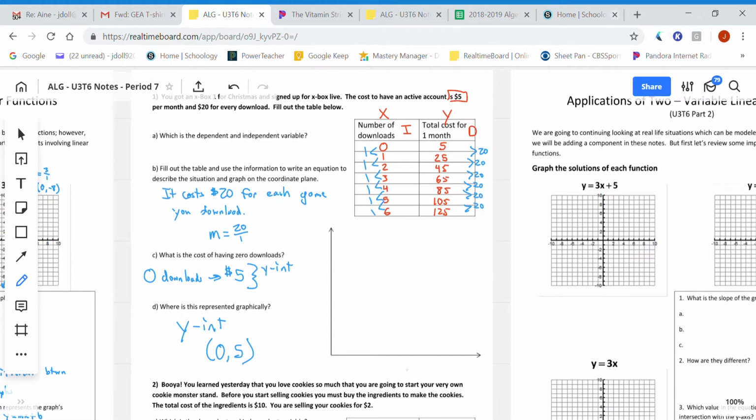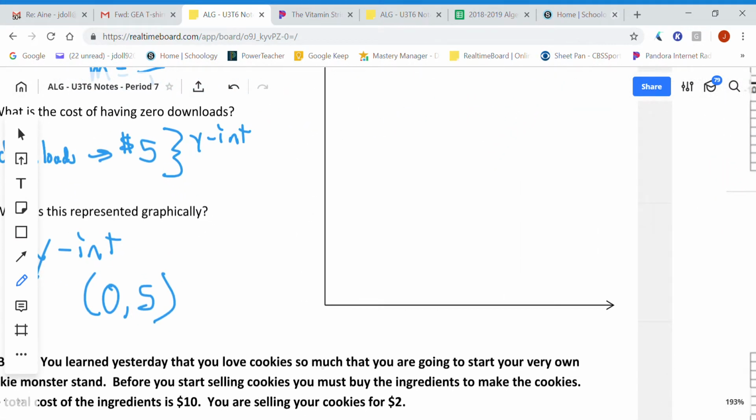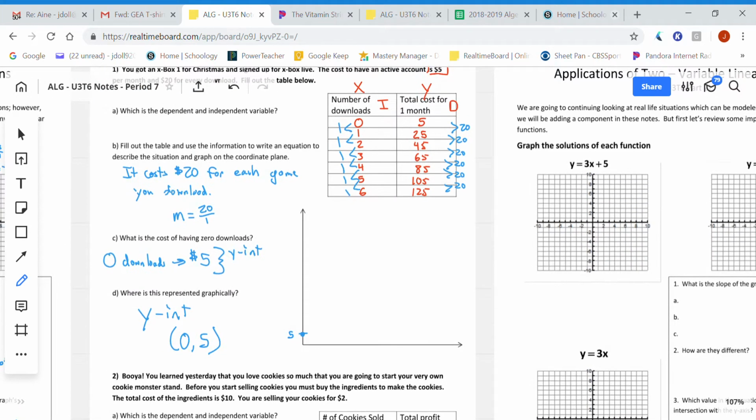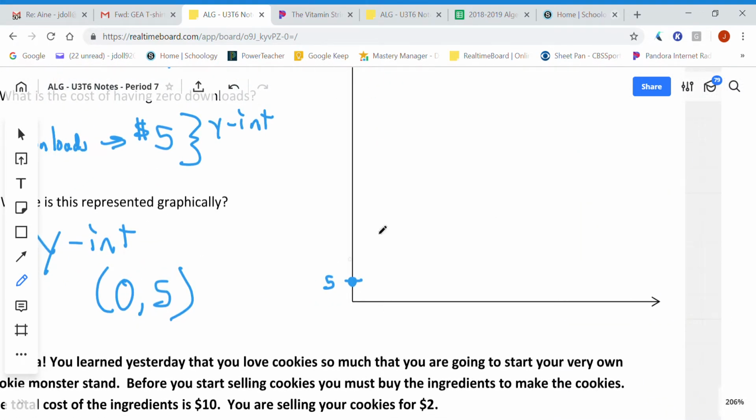So if we then think about this graphically, if I go up 0, 5 here, and I want to graph the rest of this, going up 20, I've got to go 5, 10, 15, 20, 25. So up 25 and right 1.